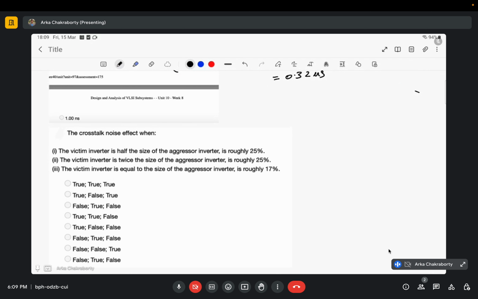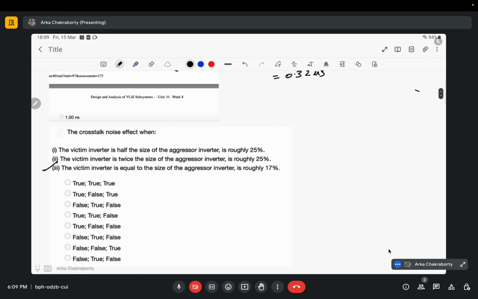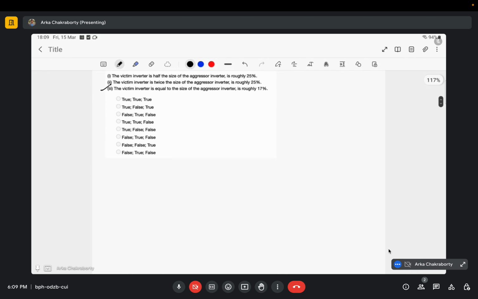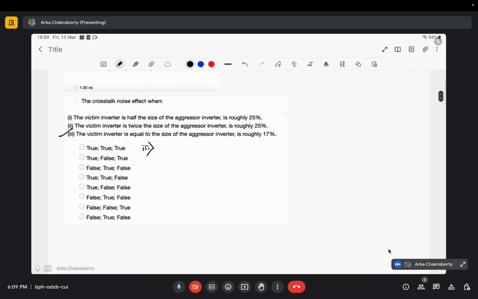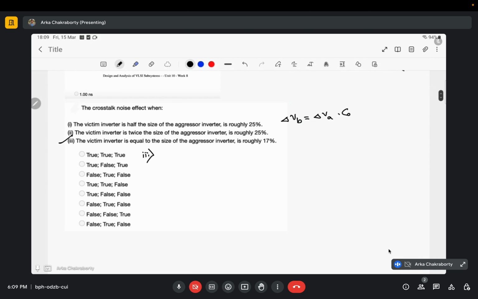Let us look at them one by one, and let us start from this case, point number 3. First let us look into the expression of this crosstalk noise. We know delta VB equals delta VA into C adjacent by (C adjacent plus CB), into 1 by (1 plus K).